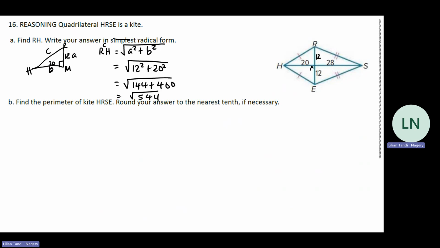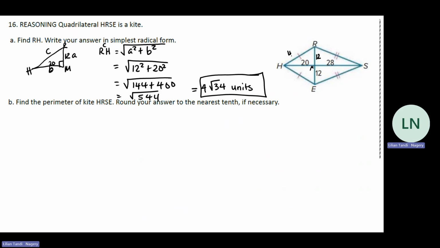Question says leave your answer in the simplest radical form. So square root of 544 is 4 square root 34. And because you're talking about a side, you need to put the units and you box your answer.